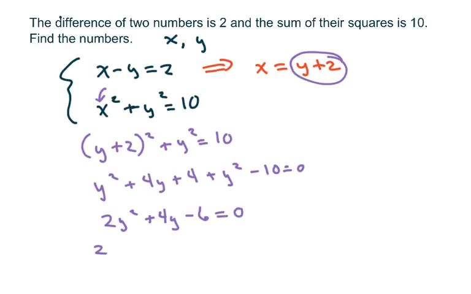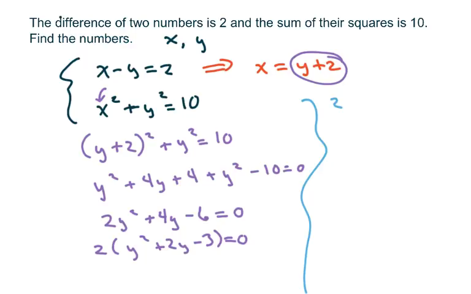And I'm going to go ahead and factor out the 2, and you get y squared plus 2y minus 3 equals 0. So now we're going to solve by factoring. I'll go ahead and put it over here. So we have 2 times y plus 3 times y minus 1 equals 0.